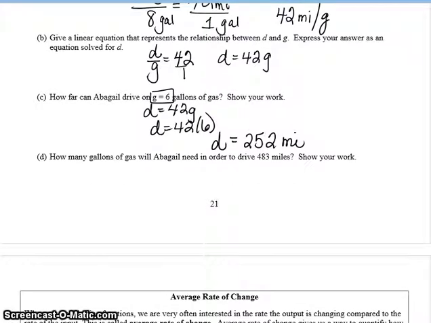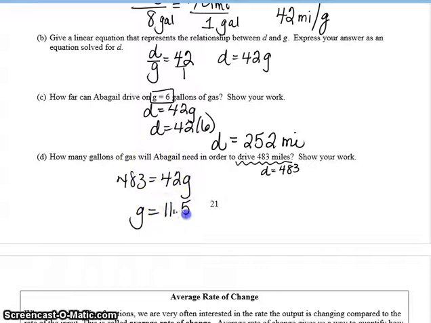How many gallons of gas, so you're solving for G, will Abigail need in order to drive 483 miles? That's your D. D is 483, so 483 equals 42G. Divide both sides by 42, and you'll get G equals approximately 11.5 gallons. So you're going to need 11.5 gallons of gas.